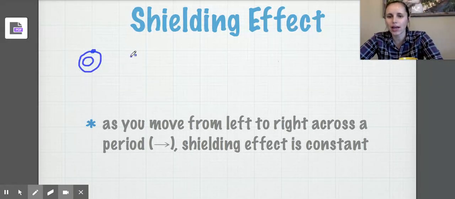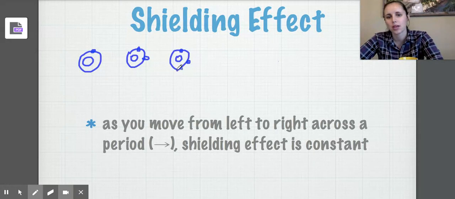Then beryllium has 2 valence electrons on that second shell. The next element is going to have 3 electrons on the second shell, and the next element, carbon, is going to have 4 electrons on that outer shell.